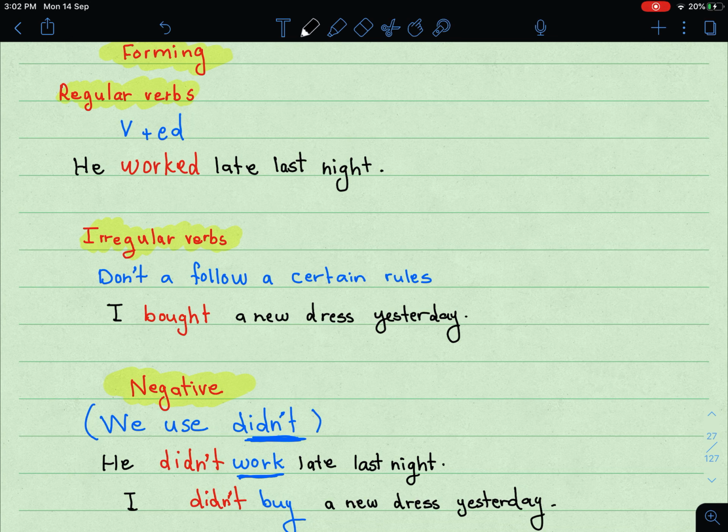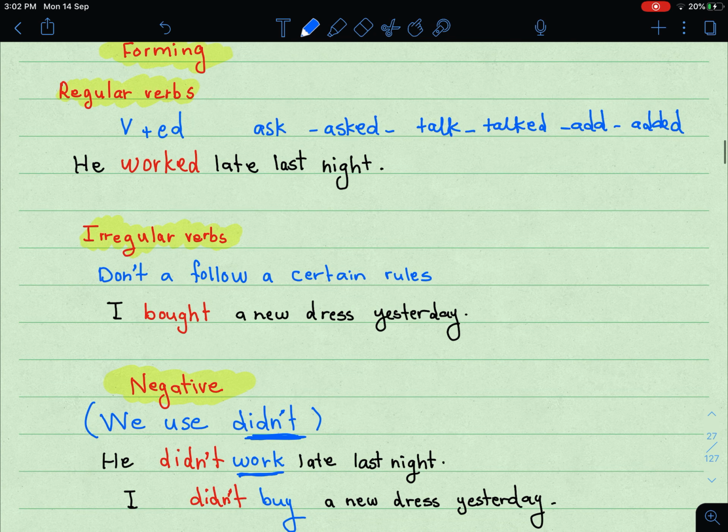I'll give you an example. For example, ask, and the past would be asked, yes. And for example, talk, talked, and add, it will be added. All of these are examples of regular verbs.